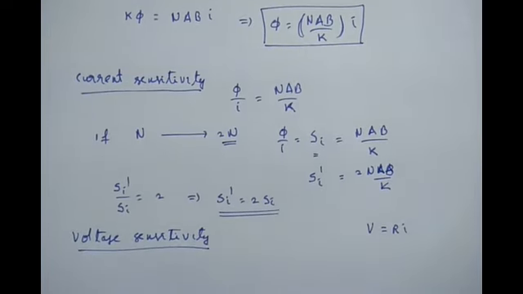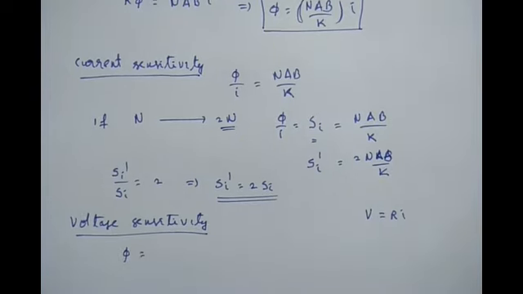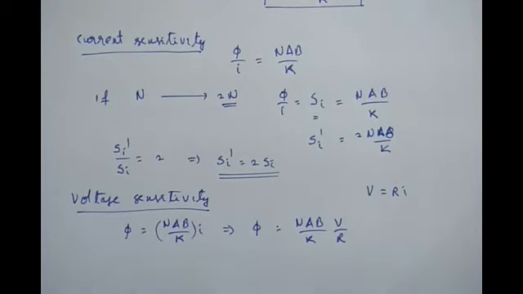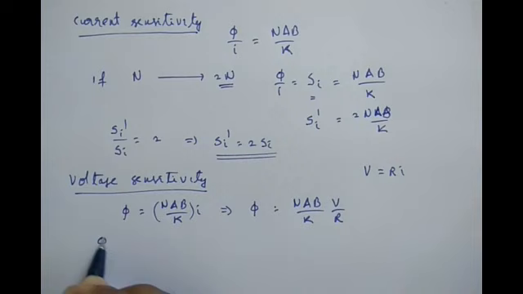Let us take the general equation: φ equals NAB by K times I. Since I equals V by R, φ equals NAB by K into V by R. Voltage sensitivity is defined as deflection per unit voltage, so deflection per unit voltage equals NAB by K into R. This is your voltage sensitivity.